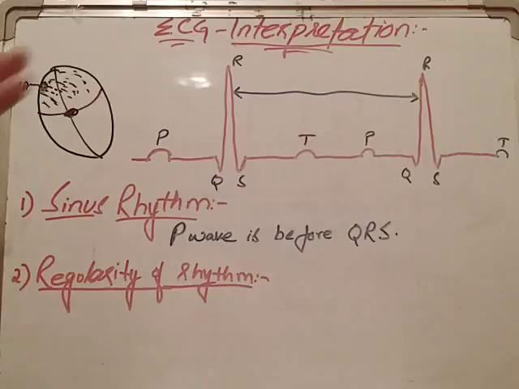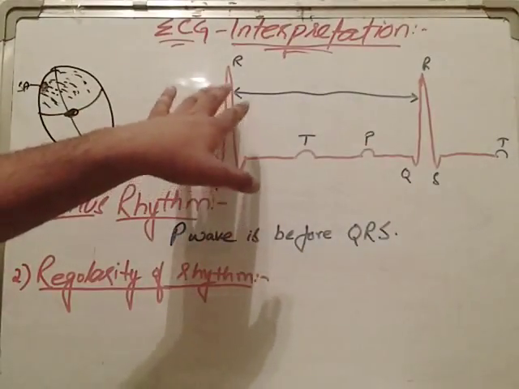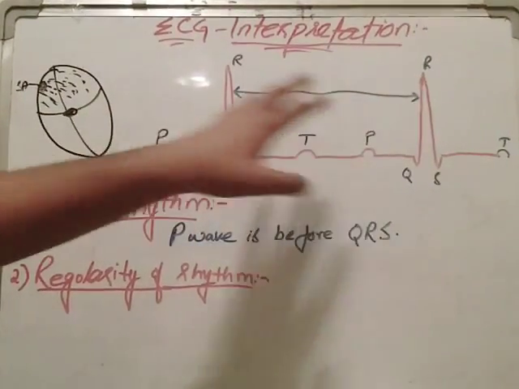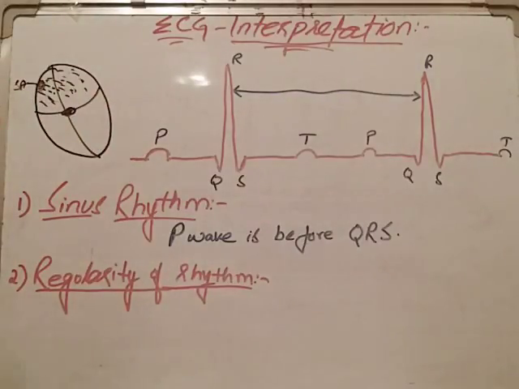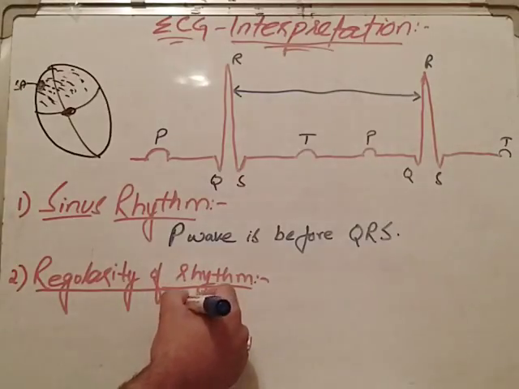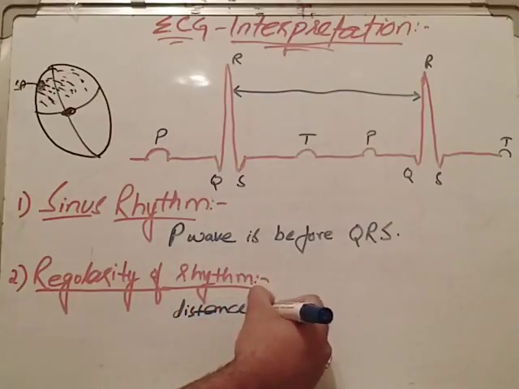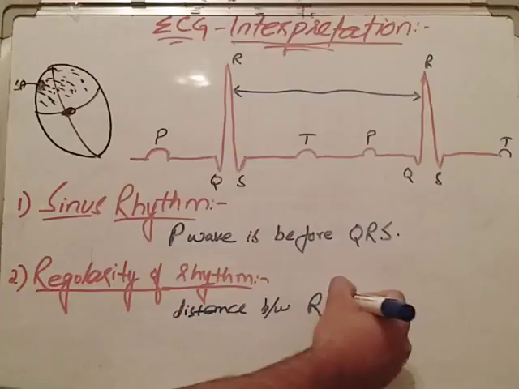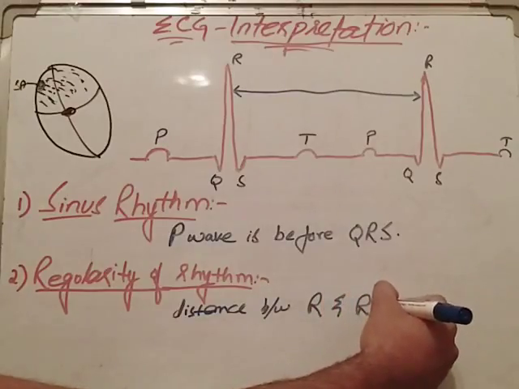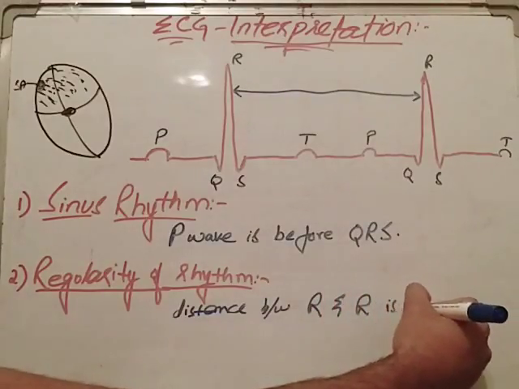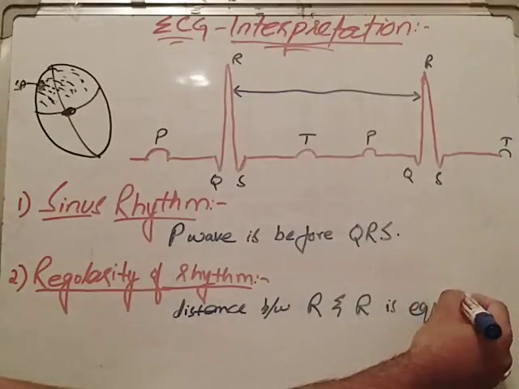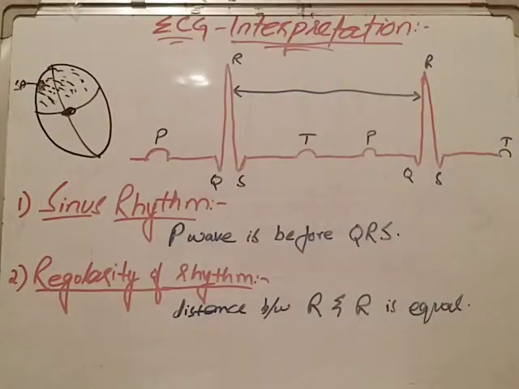If the distance between R and R, the number of boxes between one R and the next R and the next, is not equal, it means that the heart is irregularly contracting and relaxing. So an equal distance between R and R would be regularity of the rhythm.